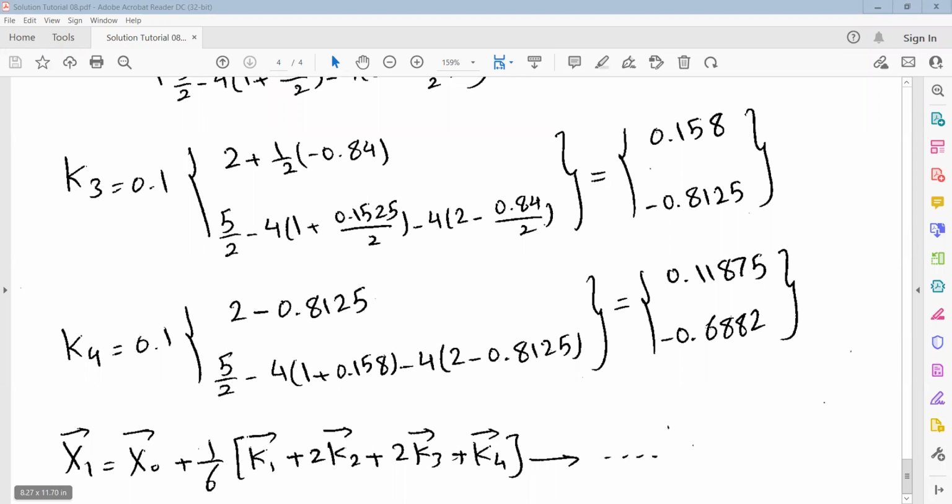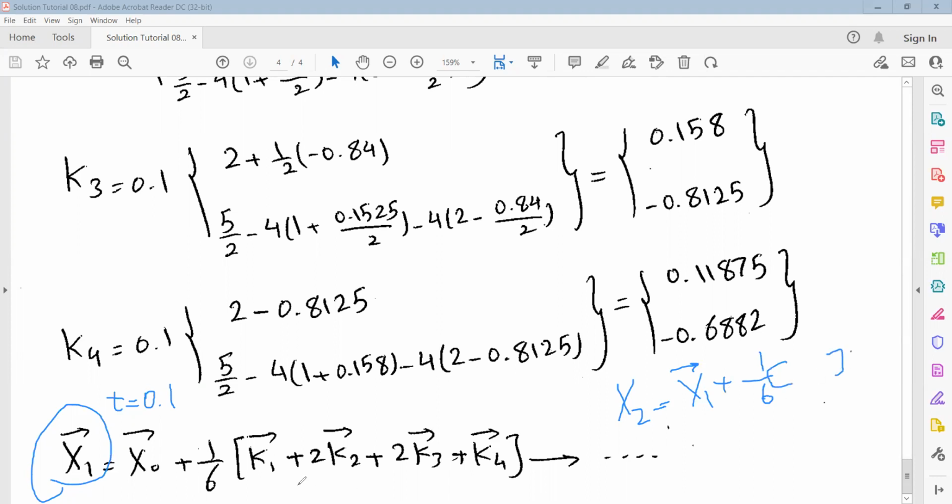And in fact, this x1 is the response for t equal to 0.1. And the next step, we can use it to calculate x2. This time x2 is equal to x1 plus 1 over 6 multiplied by the same term.